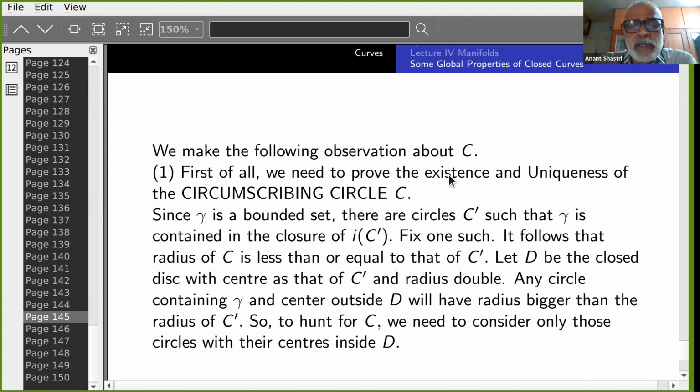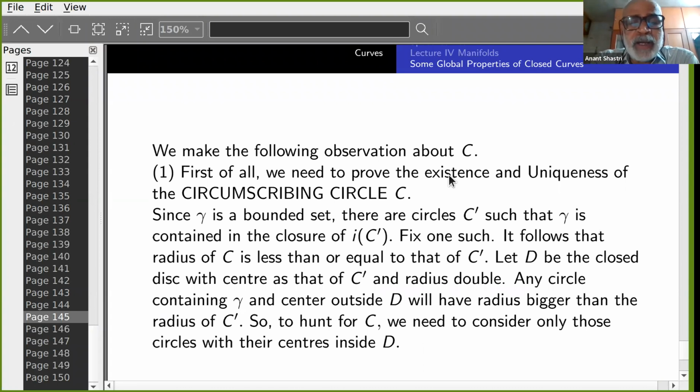Since gamma is a bounded set, see, I am only using this. There are circles C prime such that gamma is contained inside the closure of the interior of C prime. That is the meaning of bounded set, right? Fix one such. I don't care how big it is, how small it is. So start with a circle such that your curve gamma is completely contained inside the interior of C prime. No problem.